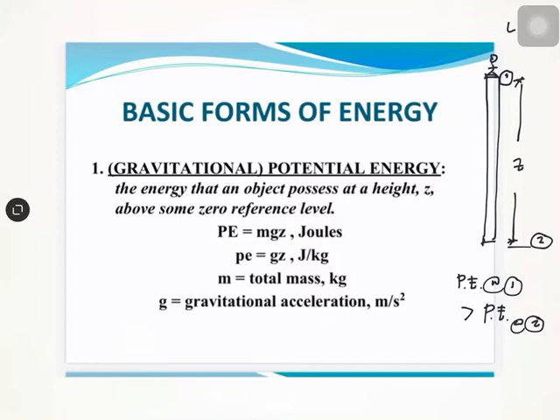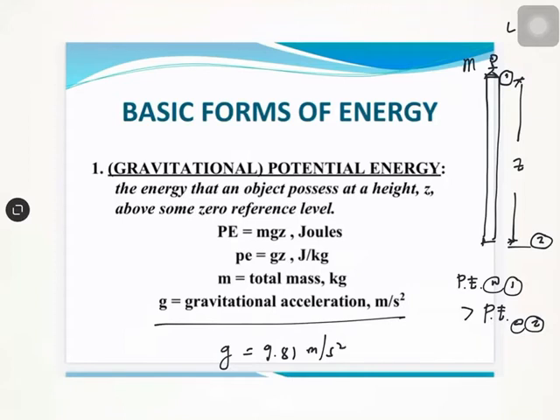So for example, if you have this man here at the top, given the mass, there is an elevation also given, and also the gravitational acceleration, g, which is given as 9.81 meter per second squared.